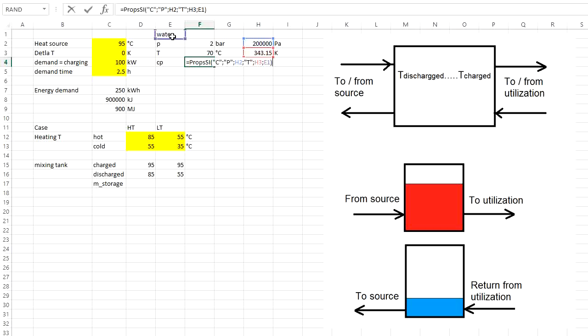And this is in joules per kilogram and Kelvin, and we are calculating here with kilowatts and kilojoules, so divided by 1000 and we get kilojoules per kilogram and Kelvin. And also later we will calculate volume, so we will need density.